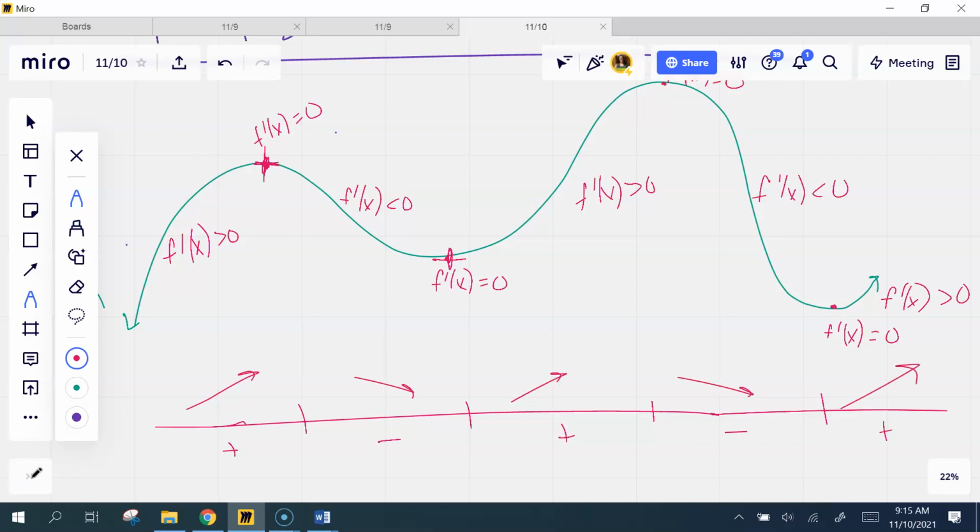Everybody agree with that? So the first derivative test is just finding these critical points and doing a sign analysis the same way we've been doing, where this is our derivative and this is our function. Nothing new there. Everybody okay?